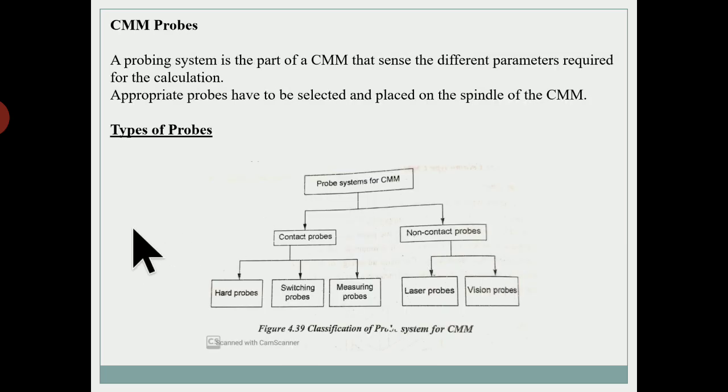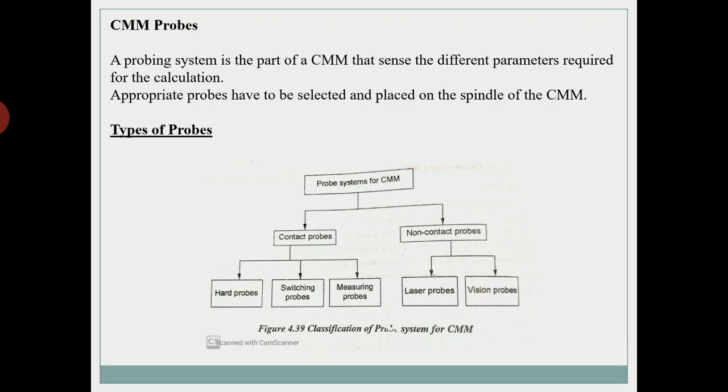Then next, CMM probes. A probing system is the part of CMM that sends the different parameters required for the calculation. Appropriate probes have to be selected and placed on the spindle of the CMM. There are different types of probes used in CMM.